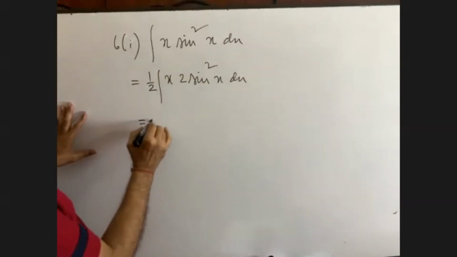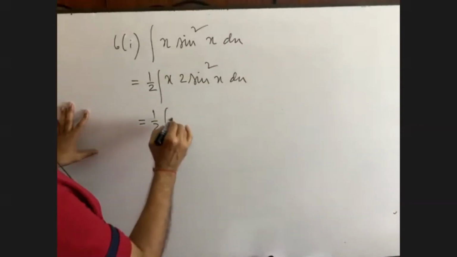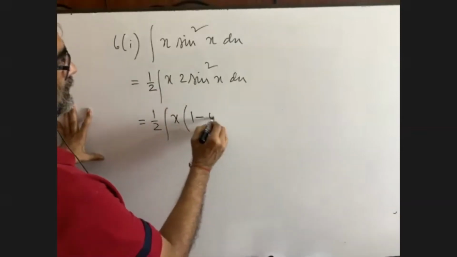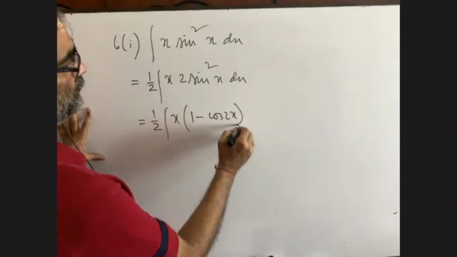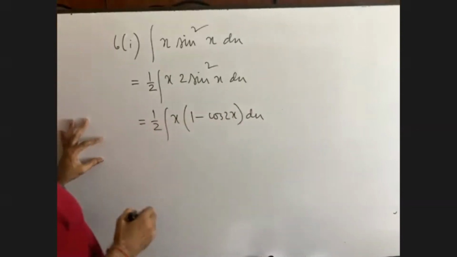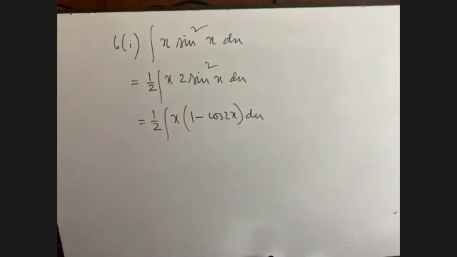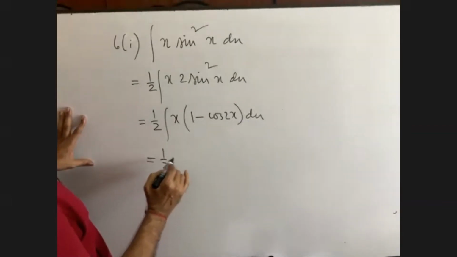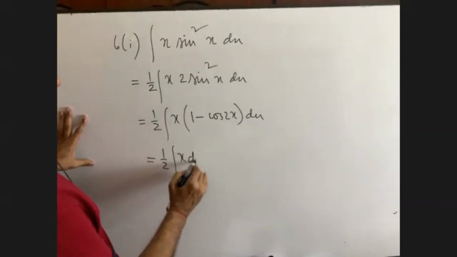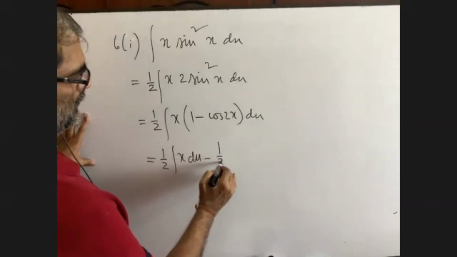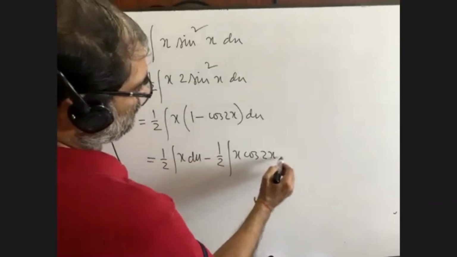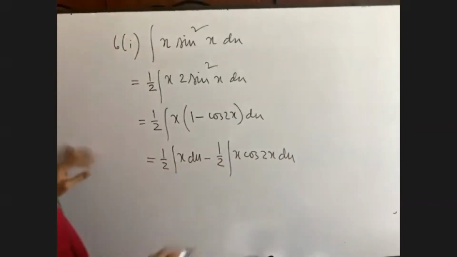Very good. That is half x. 2 sine square x means what? 1 minus cos 2x, right? Okay. That means we are getting here half x dx minus half x cos 2x dx.